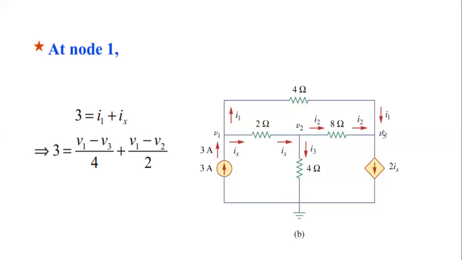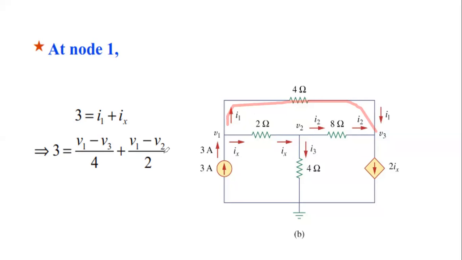So we have to write it like this, because the current I1 is flowing like this between V1 and V3, and if it is flowing like this, it means it is flowing from higher potential to lower potential. So I1 will be V1 minus V3 by 4.